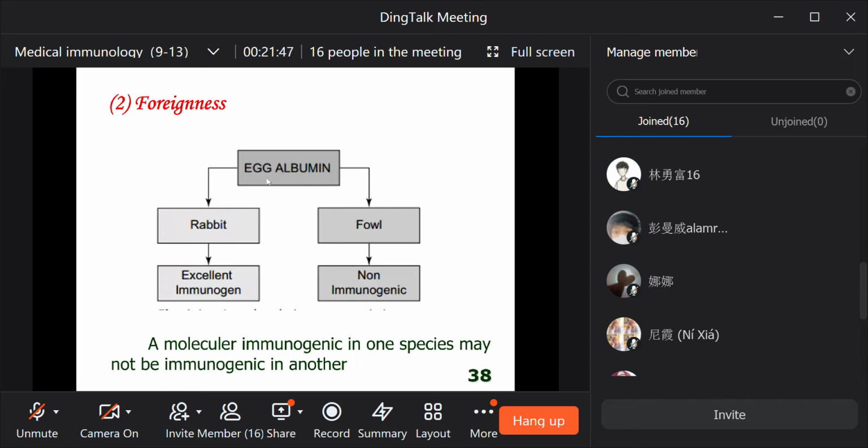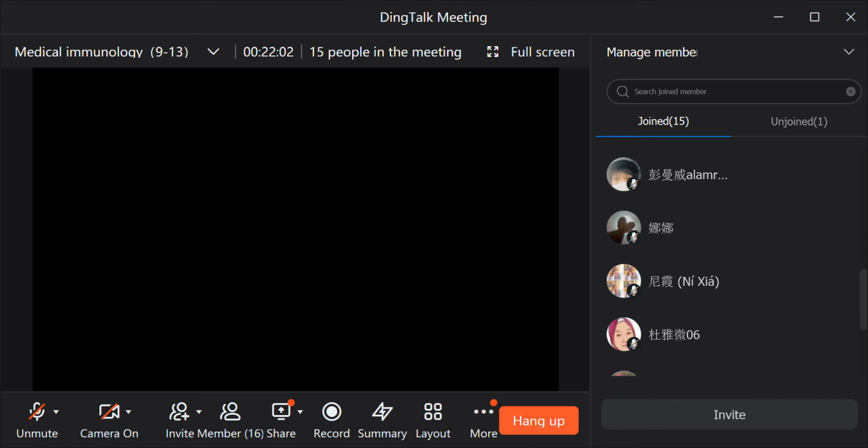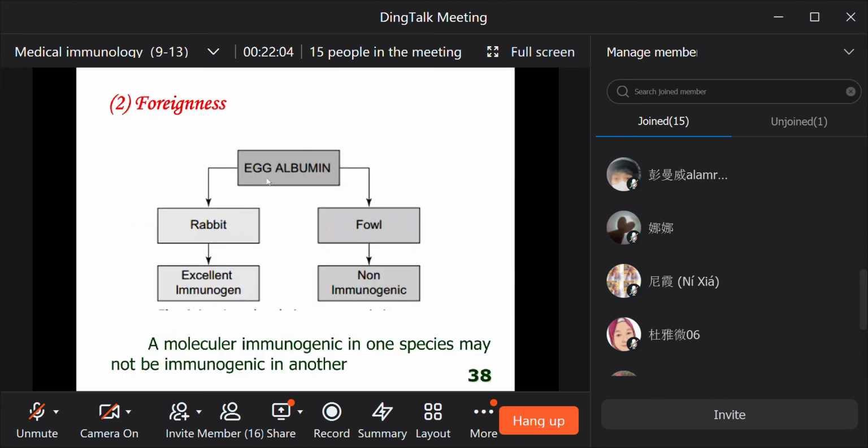In other words, the chicken and the fowl have a closer relationship, but the chicken has a far relationship with the rabbit. So here it means foreignness.